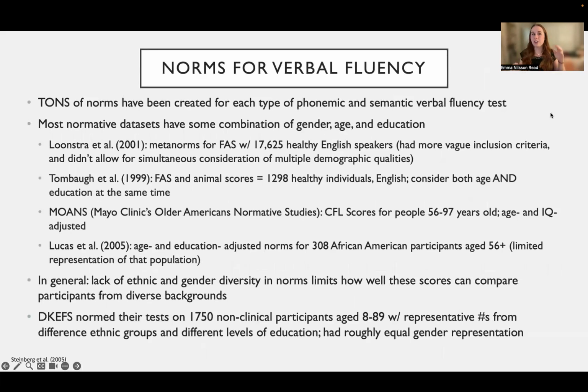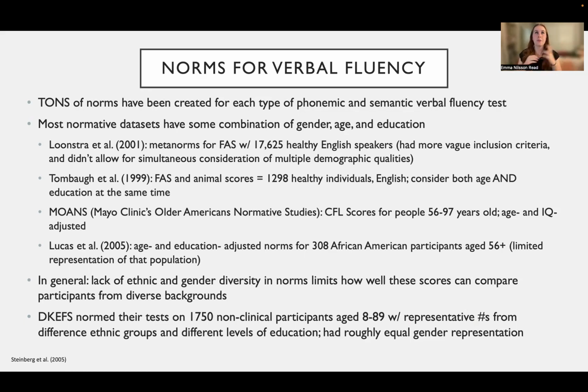I'm not going to talk so much about norms. This is just here for you to come back to and reference if you're interested. But normative data is so important for any neuropsychological test. So what are norms? Normative data is data that characterizes for us what is normal in a defined population at a specific point in time. And they're usually derived from a large sample that's representative of your population of interest.